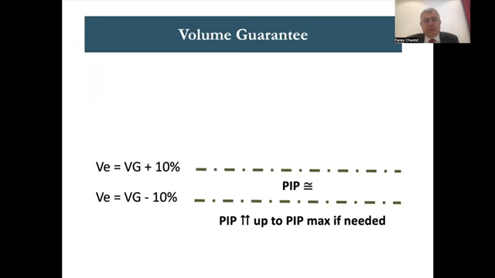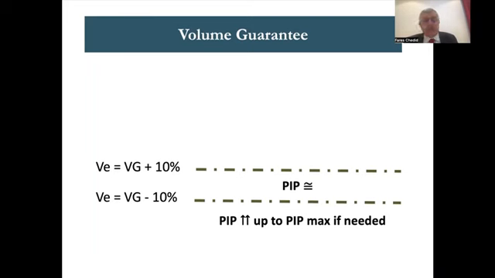If the volume produced is less than the VG by 10% or more, then the PIP of the next breath will keep going up, breath after breath, but it cannot exceed the PIP max. That is the safety. If you want more, you can increase the PIP max.